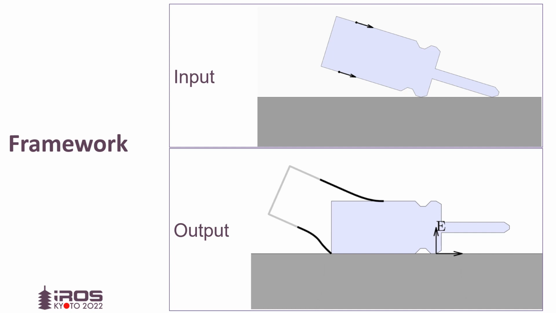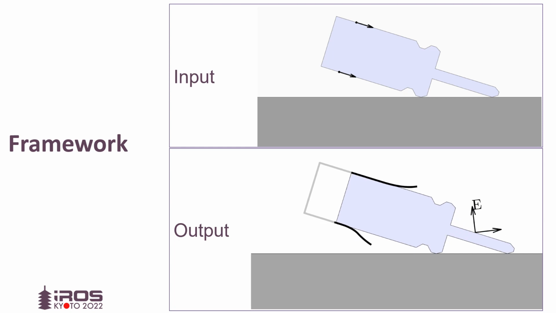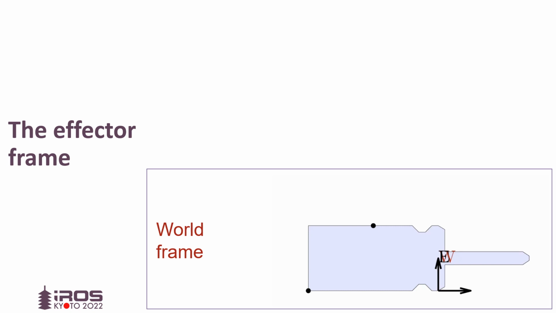Let's take another quick look at our framework's output. Along with the shape of the effector, the solution characterizes the motion of the effector, represented here by a moving reference frame. With a candidate effector motion, we can fix a reference frame to the effector.